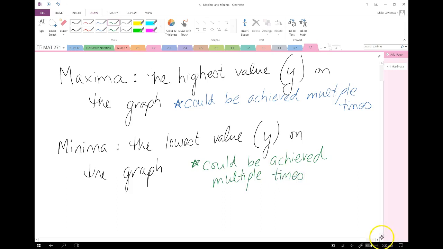So there isn't necessarily just one highest point and one lowest point on the graph. There could be multiple.